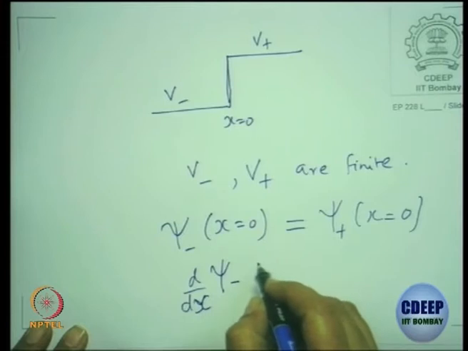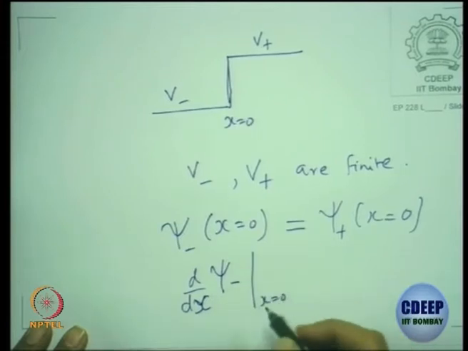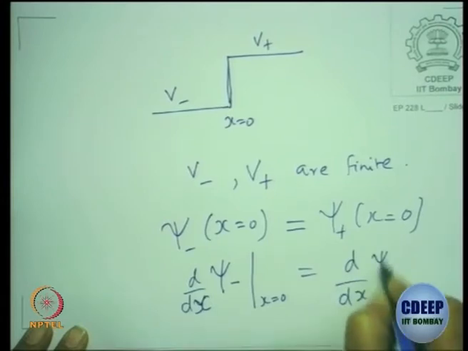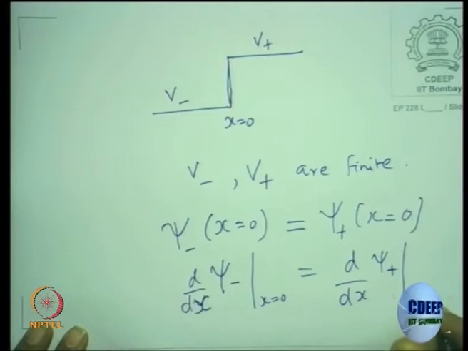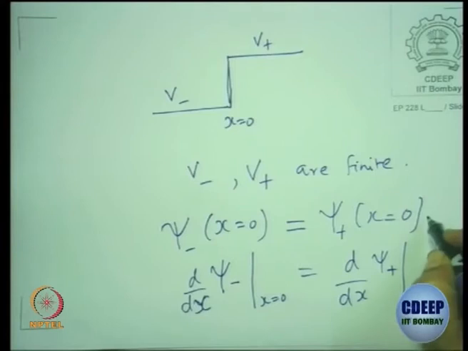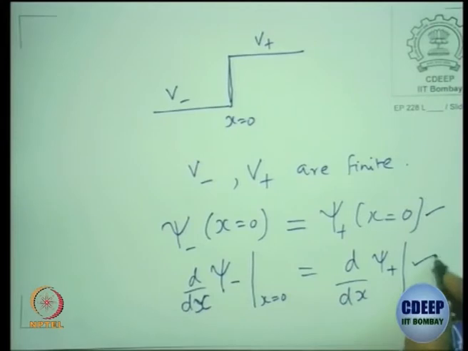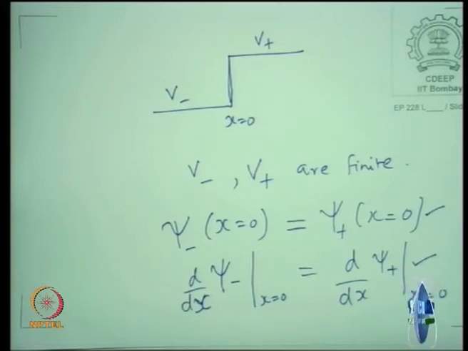So, this is psi minus evaluated at x equal to 0 should be same as psi plus at x equal to 0. So, this one was continuity of the wave function, and this one was continuity of the derivative of the wave function for finite potential. But once I do a particle in a box, which one is removed? The second one is removed. Why? Do you know the reason?